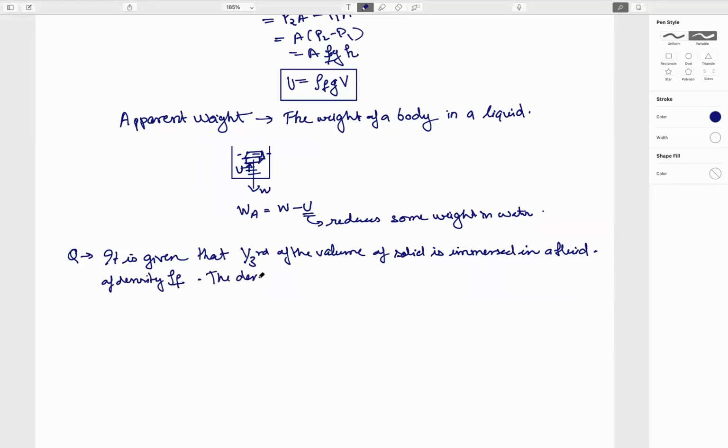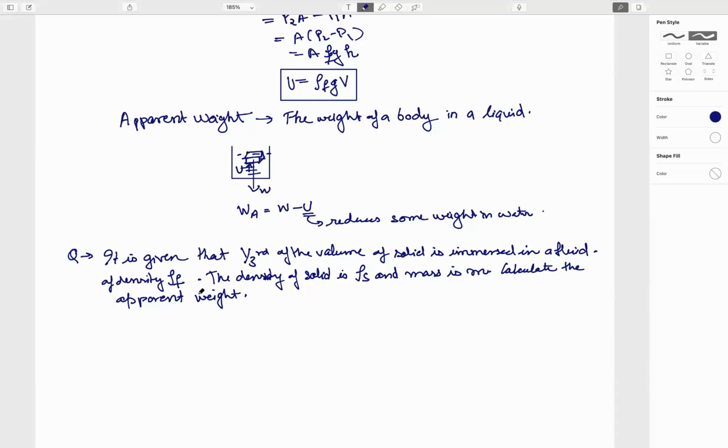The density of the solid is rho s and mass is m. Calculate the apparent weight. So 1/3 of the volume of the solid is immersed in a fluid.